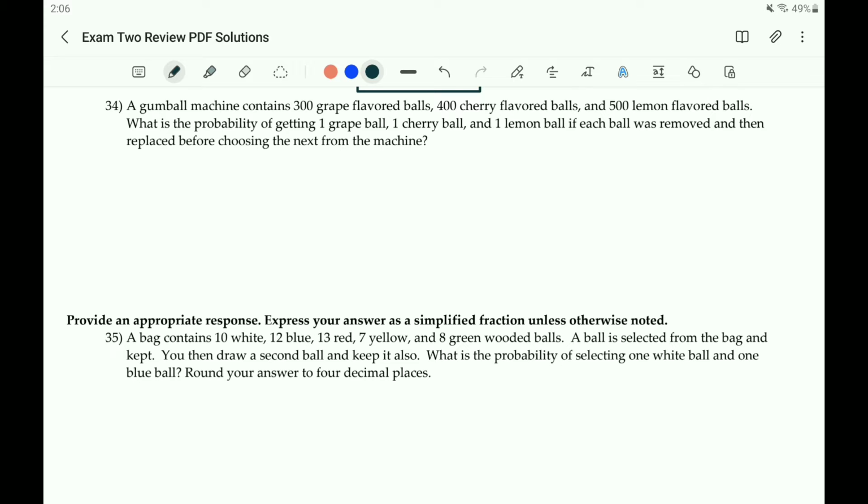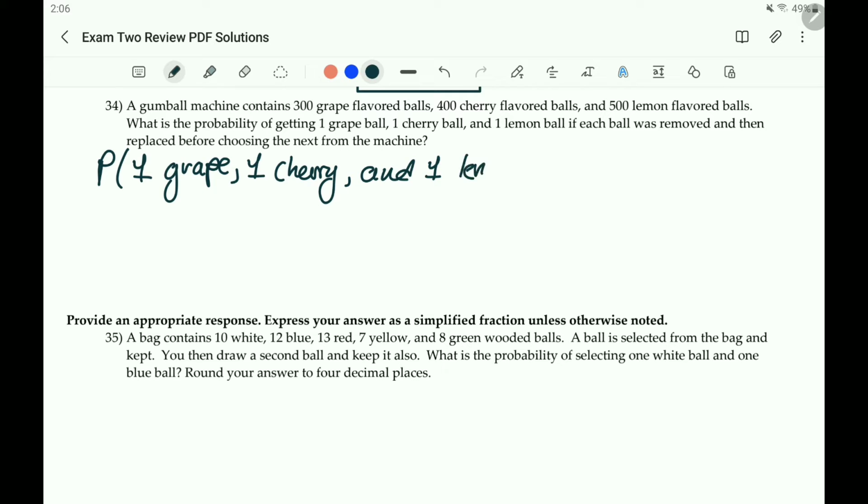All right. So we want to find the probability of one grape, one cherry, and one lemon.